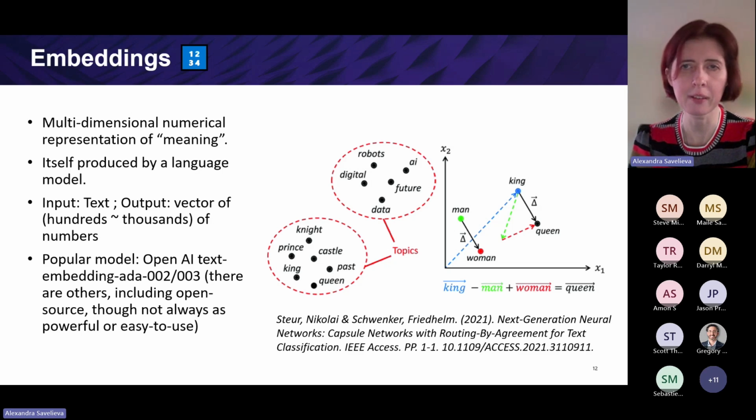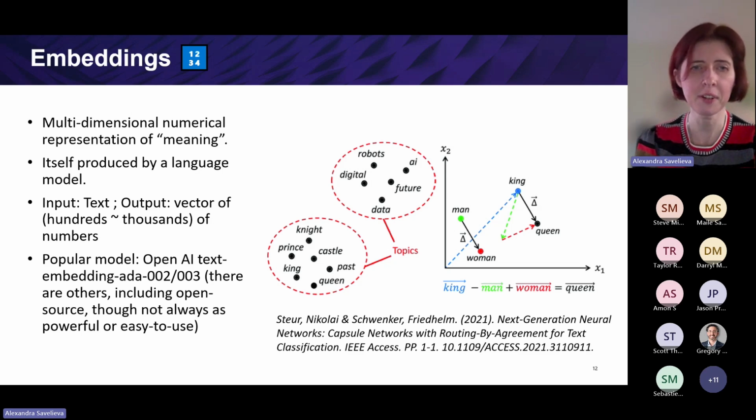So you can think about words and phrases being represented as an array of numbers. And what you likely have heard before, the reason why it works is that similar words and similar phrases end up being embedded closer to each other than the ones that are different, as depicted here.